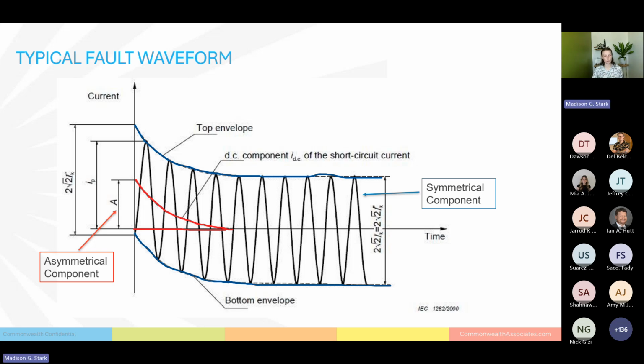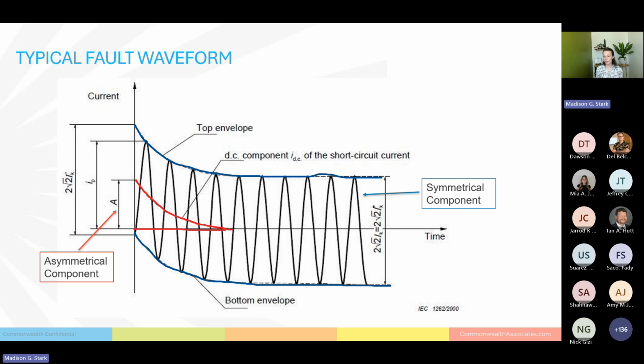With the introduction of a fault, you have a system that is opposing change, and that opposition to change is what drives the DC component of the fault, and that creates this asymmetrical offset. So it's not even necessarily that this waveform is bigger, it can be, but the bigger part of this is that the waveform shifts vertically on the axis, which then creates a positive or negative peak, depending on when the fault hits.